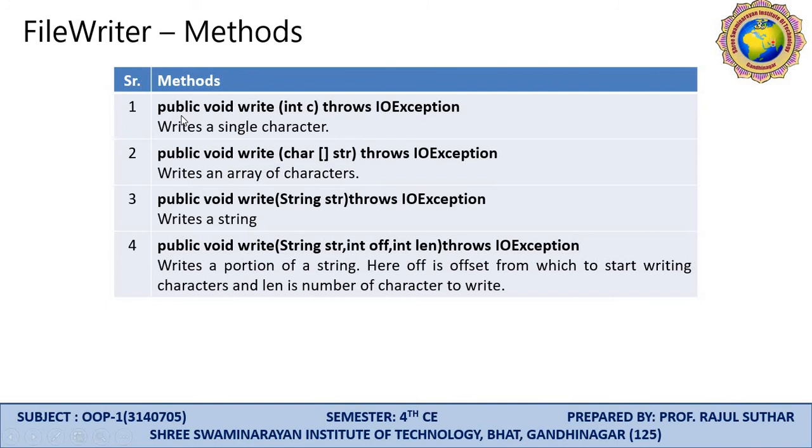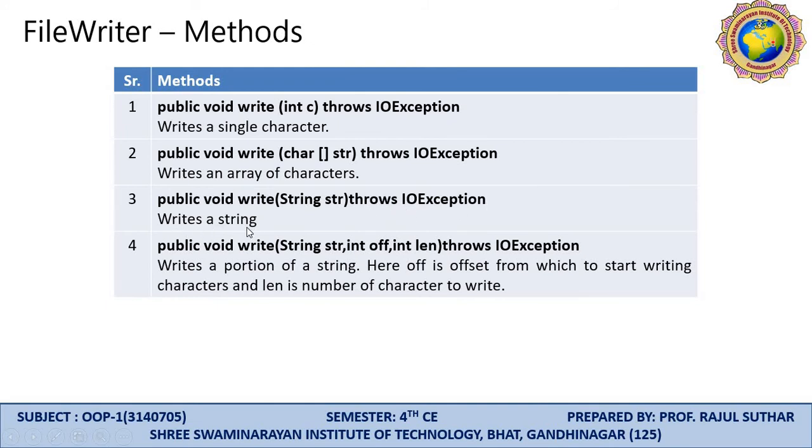These are the methods like public void write(int c) throws IOException. So it writes a single character because we are working with the integer c. C is one single character. Public void write(char[] cbuf) throws IOException. So write an array of characters. Public void write(String str) throws IOException.